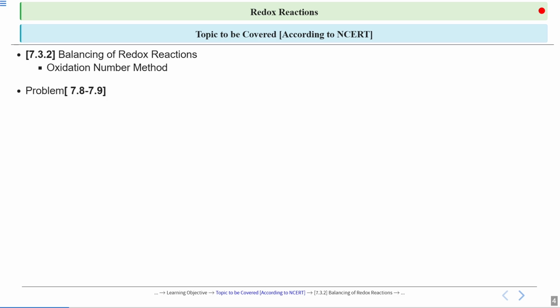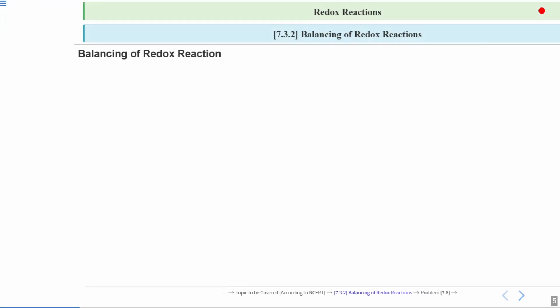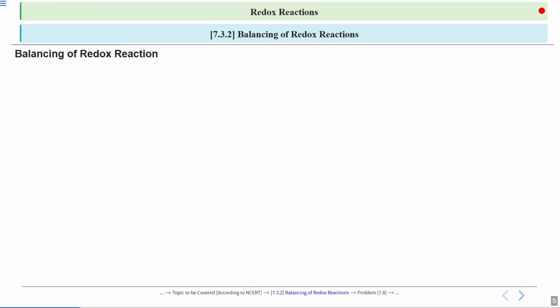We will also solve problems 7.8 and 7.9 and summary. So now let's start the lecture: what is balancing of redox reactions, and why do we need to balance a chemical reaction?